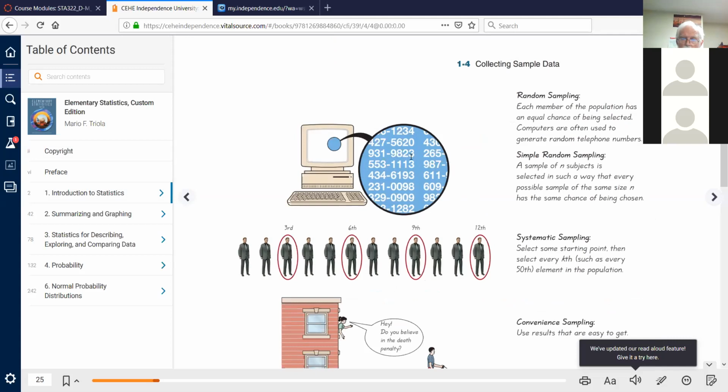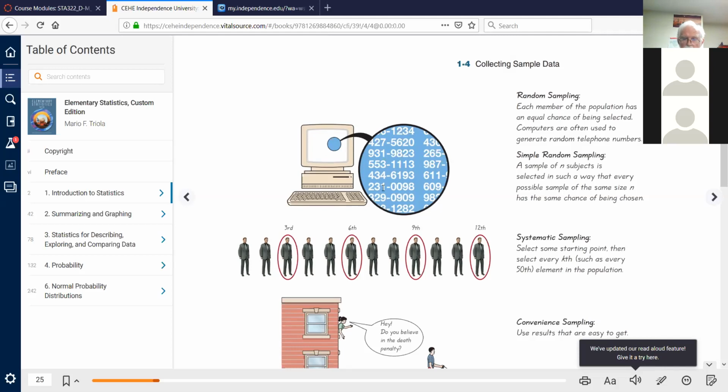So generally, the computer uses a randomization program to select these numbers that you're going to call to be part of this survey. And again, the problem is that it's impossible to get true random in a computer because a computer works on algorithms. Algorithms by nature are not random, okay?